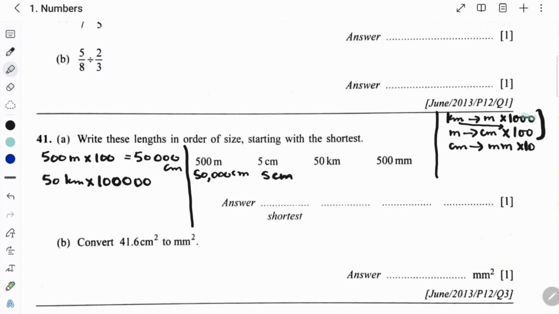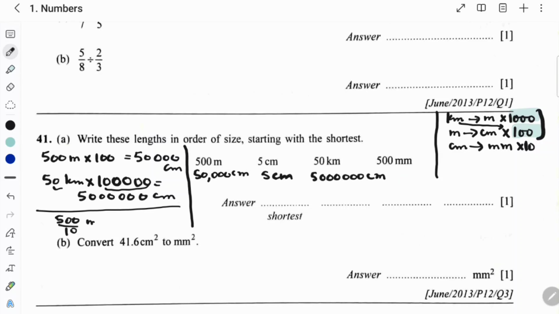So this will become 5 million centimeters. 1 2 3 and then 1 2 3, because 5 zeros are there, so that is in centimeters. So 5 million centimeters. 500 millimeters divided by 10 will convert it into centimeters, so that's why it equals 50 centimeters.